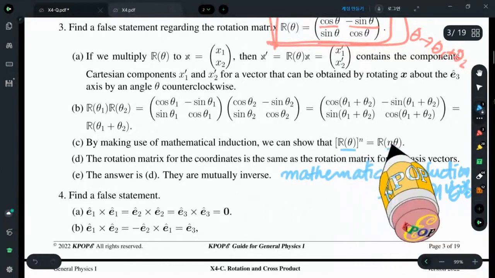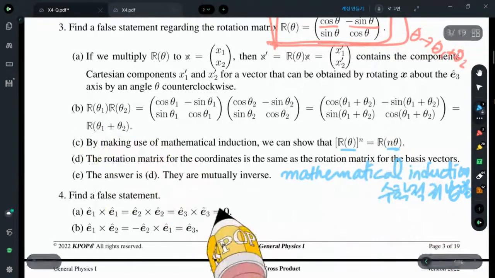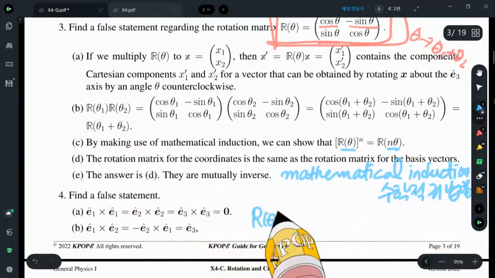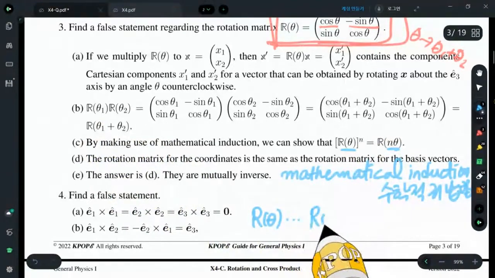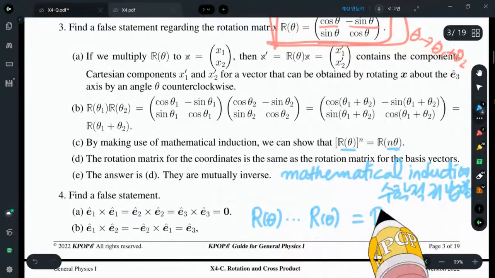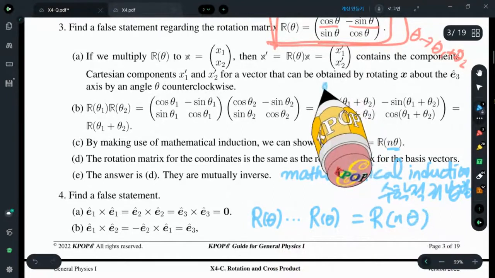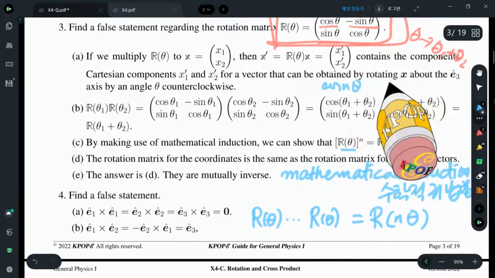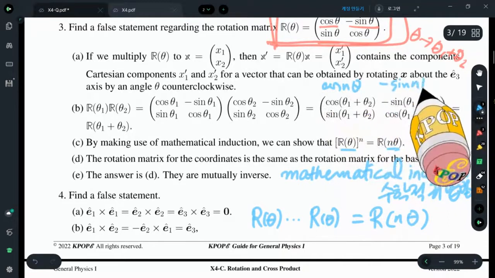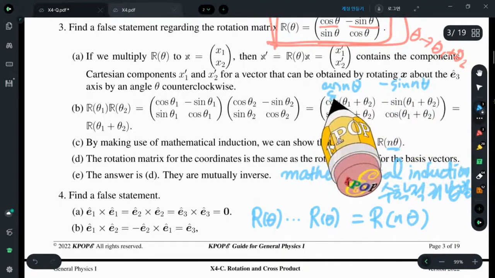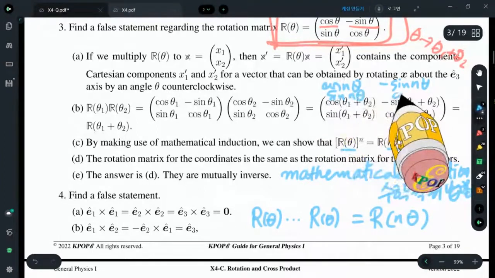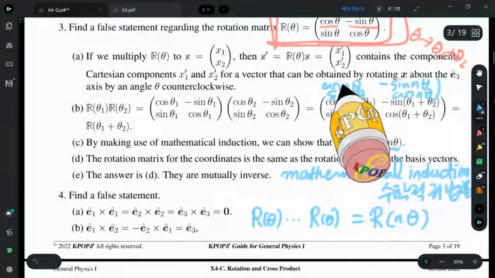Okay, then you will find if you multiply the rotation matrix n times, your answer is n times theta. That is cosine n theta, minus sine n theta, sine n theta, cosine n theta. Okay.